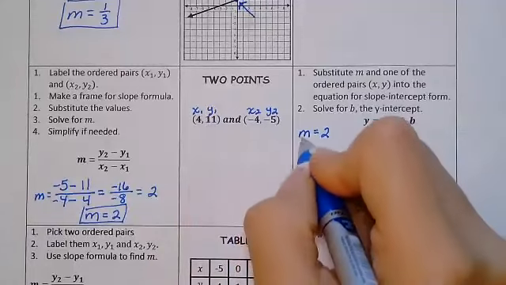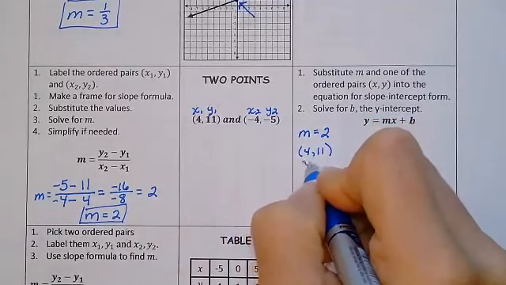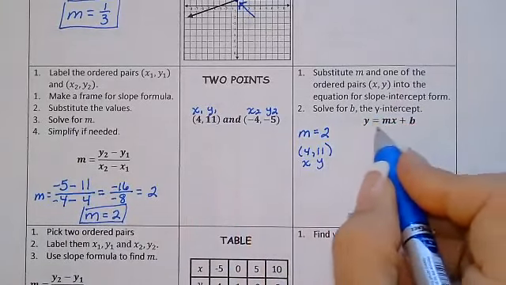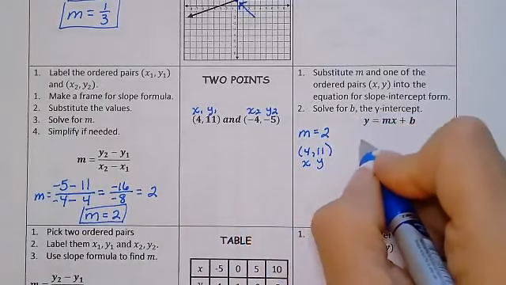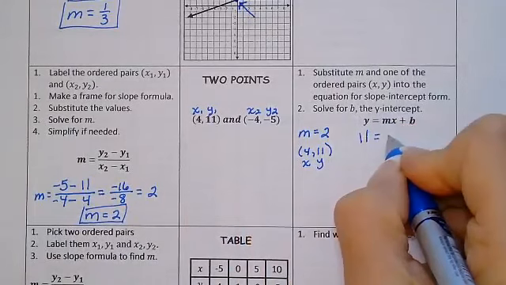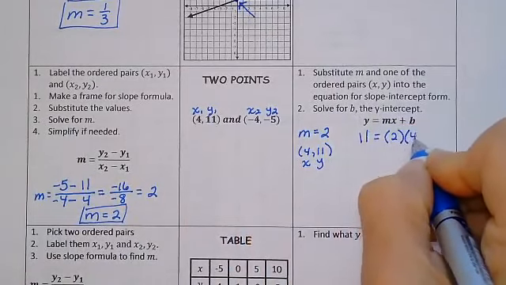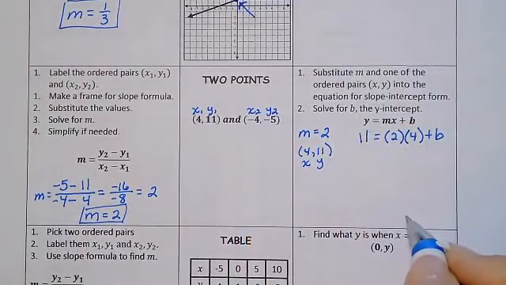I'm going to pick 4 and 11 and label them x, y. Now we're going to substitute into slope-intercept form. So y is 11, m is 2, x is 4, and then we have our plus b.